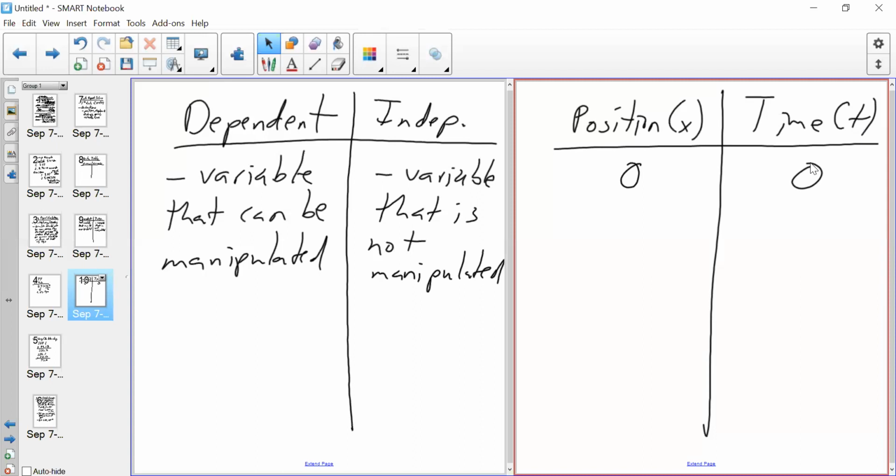And then we say, after the first second, let's say that the car is at 2 centimeters. And let's say at the second, it's 4, then 6, and you see where this is going. Every second, it increases by 2 centimeters. So velocity speak, we're going to get to that. We can say that the car has a velocity of 2 centimeters every second, because every second it's increasing its position by 2 centimeters.